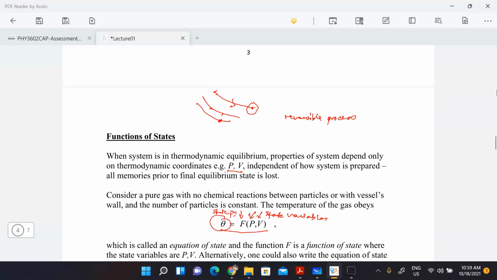The whole thing is what we call the equation of state. In this particular case, it's your equation of state for an ideal gas, for example.